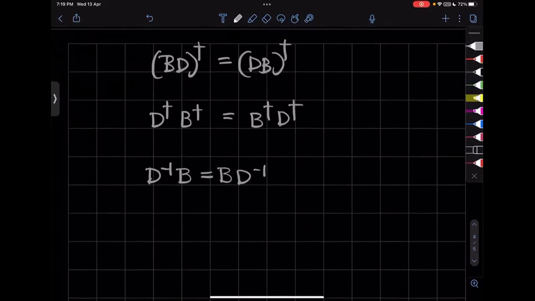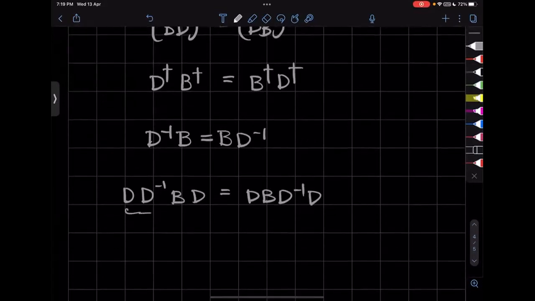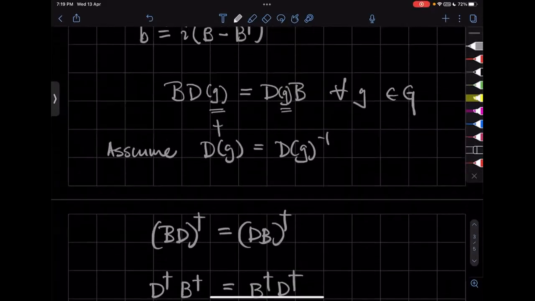So we get this equation. Now I left multiply by D and right multiply by D. On the left side I get this, on the right side I get, okay, so this is 1 and this is 1. Oh yeah, sorry, I made a mistake.